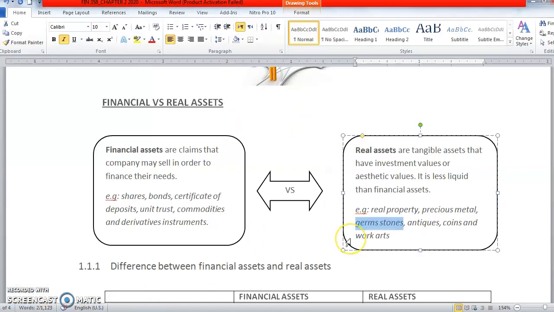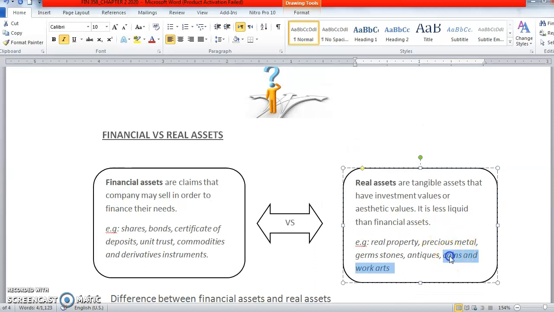Alright, so gemstone tadi kita panggil dia sebagai real asset lah. Okay, real asset. Termasuklah barangan antiques, coins and work arts. Okay. Antiques seperti kalau barang tu antiques bernilai, dah lebih 20 years, lebih 40 years, sangat lama. So it also can be sell at the market kat luar sana.